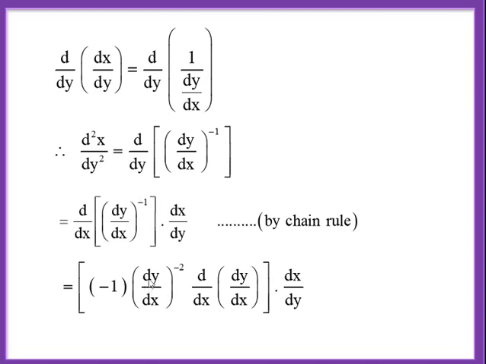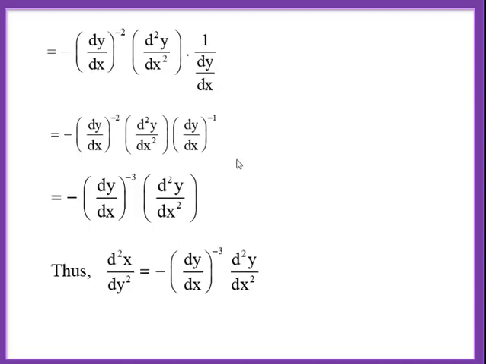It is minus 1 (dy/dx) raised to minus 2 into derivative of dy/dx by chain rule, which you will find is d2y by dx square. In the next step, I have written dx/dy as what? 1 upon dy/dx, means (dy/dx) raised to minus 1. So total minus 3. So what is d2x by dy square? It is minus (dy/dx) raised to minus 3 d2y by dx square.